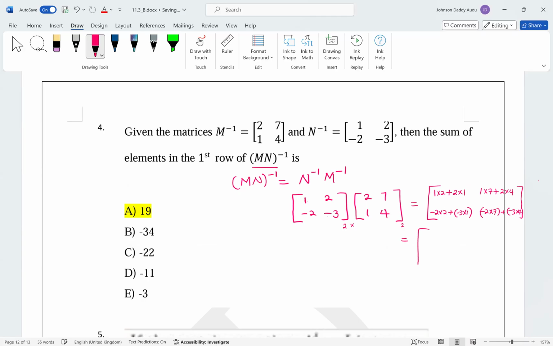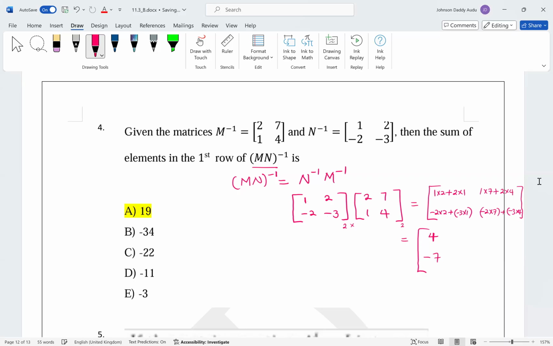So you can have this as what? 1 times 2 is 2, so you have 2 plus 2, which is 4. And here is minus 2 times 2 is minus 4, and then minus 3, so maybe minus 7.